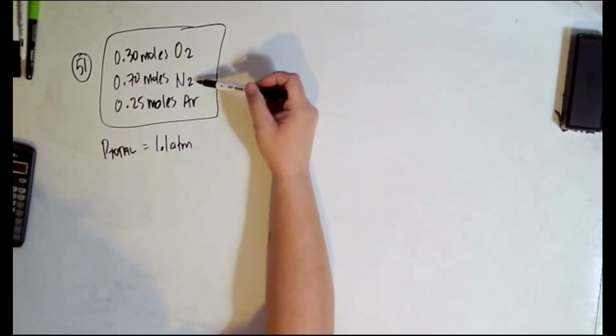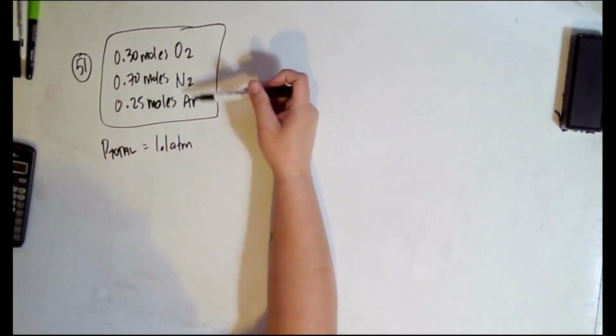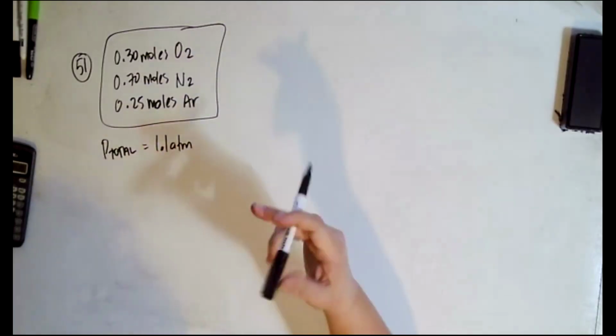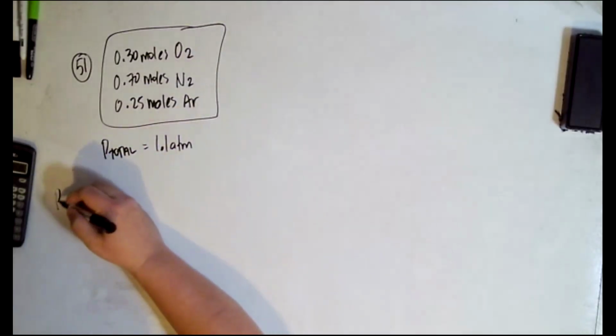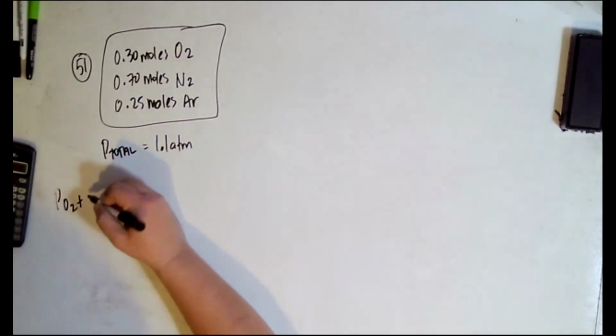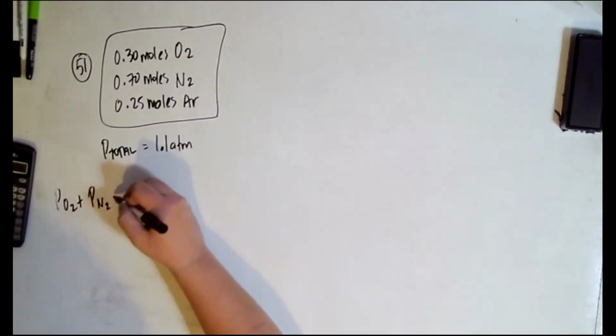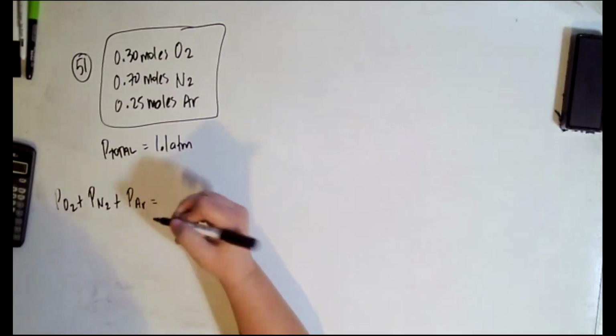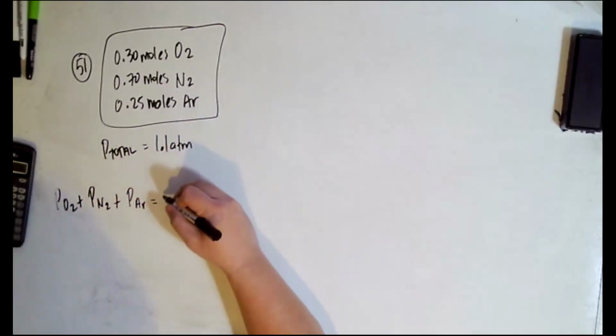So nitrogen has 0.7 moles in this mixture. So the pressure of nitrogen is going to be higher than oxygen or argon, which both have lower pressures. We also know that the pressure of oxygen plus the pressure of nitrogen plus the pressure of argon is all going to add up to 1.1 atmosphere, which is our total pressure.